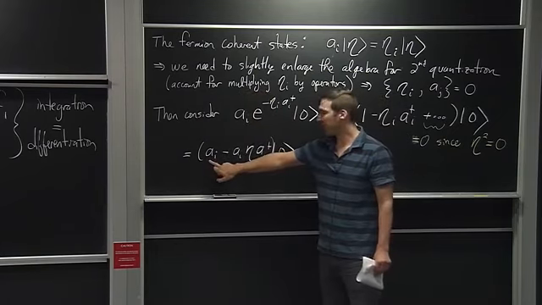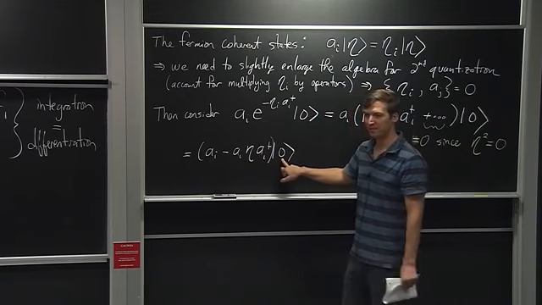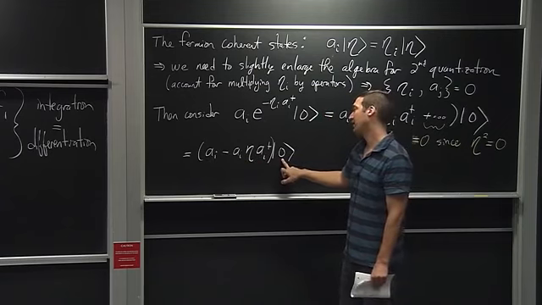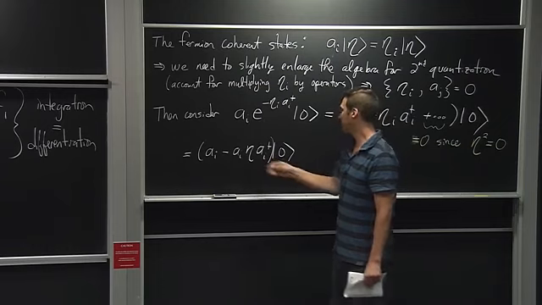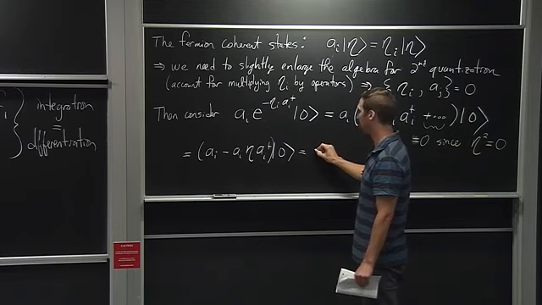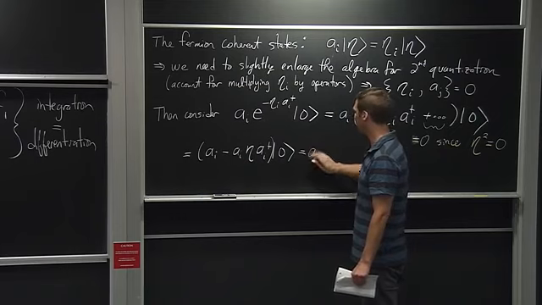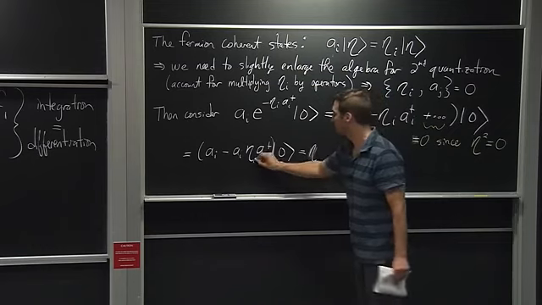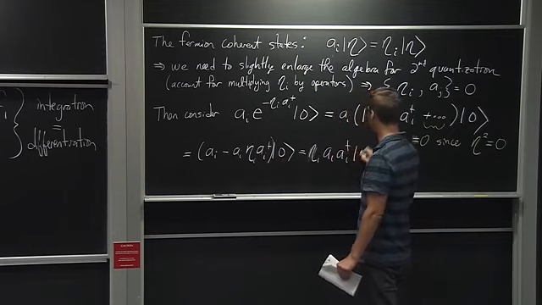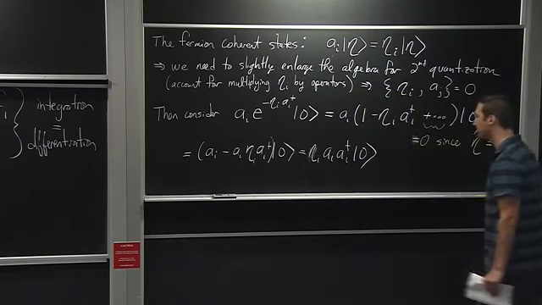I have a lowering operator operating on the vacuum, which annihilates the state. I can commute these two numbers through, or anti-commute, or whatever, and I should get, let's see, is this right? Eta, A_i, A dagger_i, operating on that state.